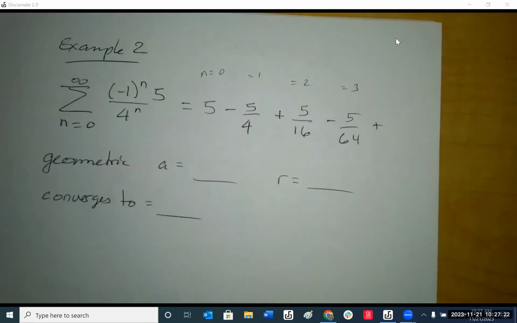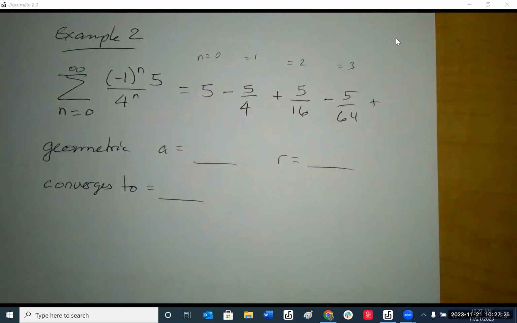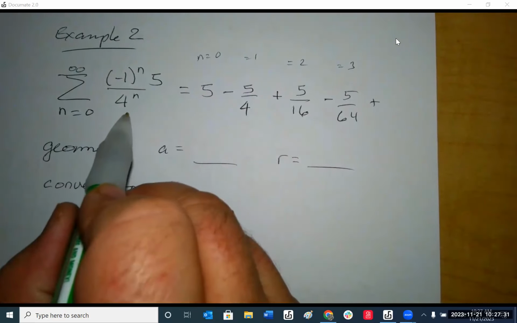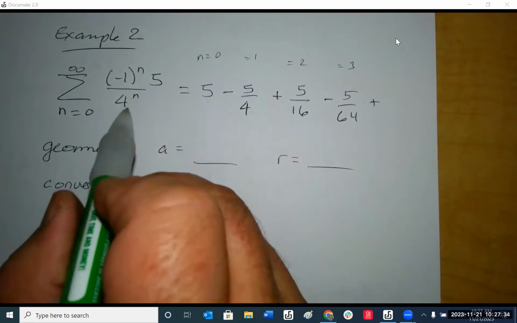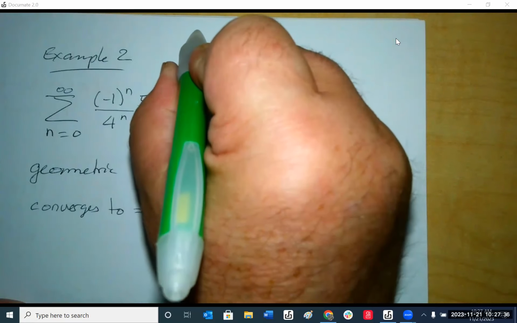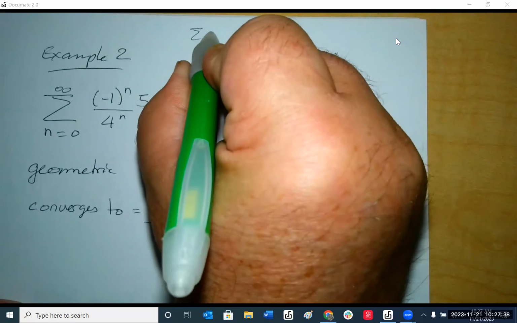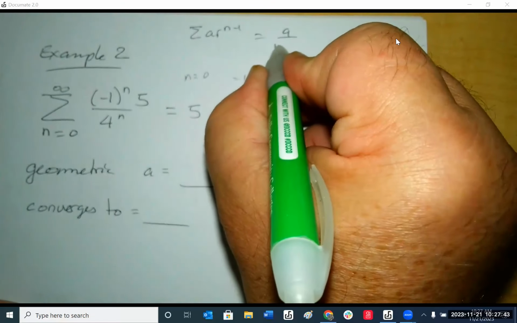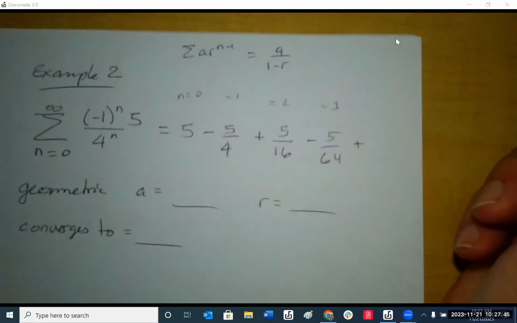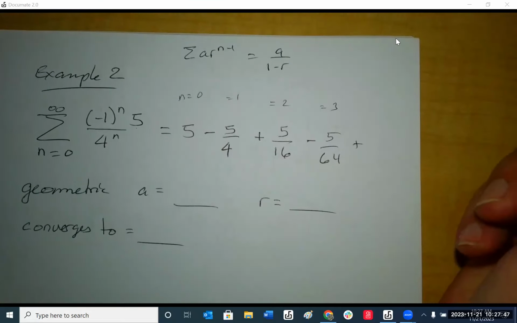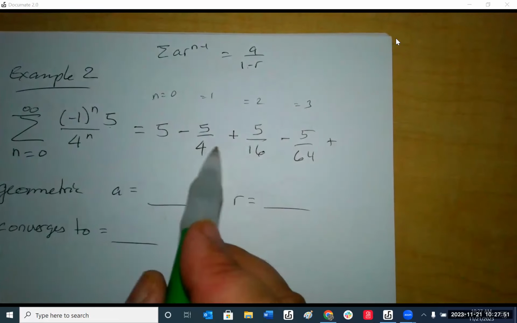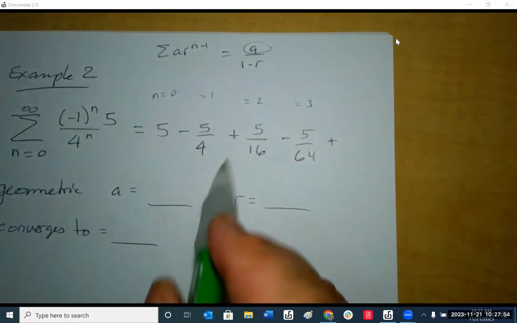So these are the ones we have to fill in. Remember the formula we're looking for is the summation of AR^(n minus 1) equals A over (1 minus R). That's the formula we'll be using.